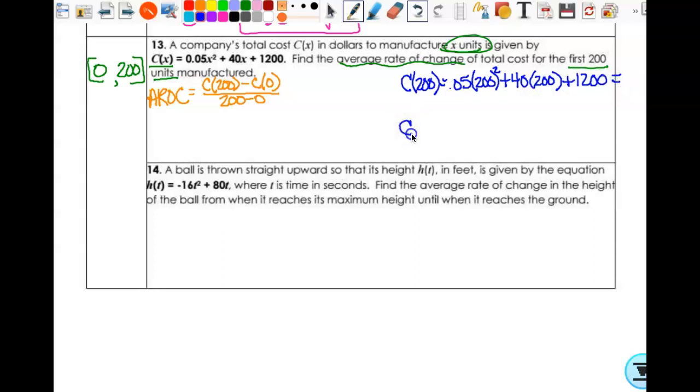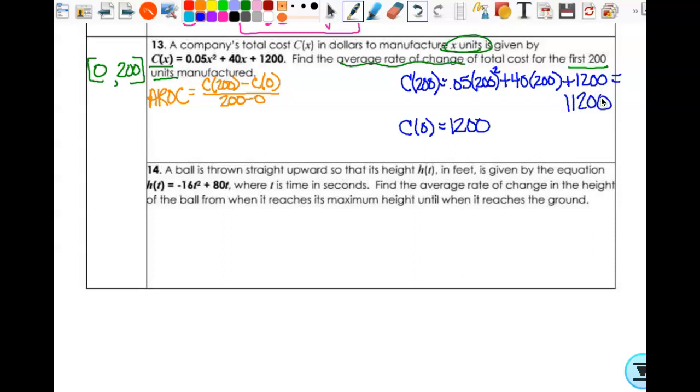Let's go ahead and write. We also want C of 0. What is C of 0? 1200. All right, so go ahead and find that. Find C of 200. And you get 11,200.